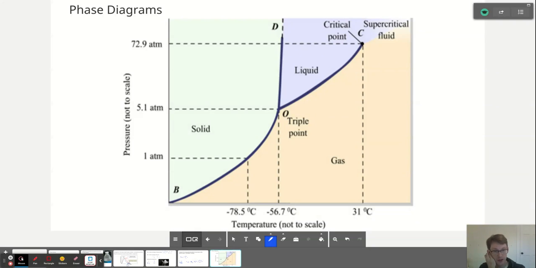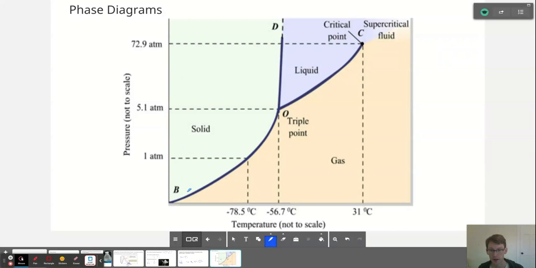So just looking at this chart here, we can see it's not just temperature, but pressure that indicates phase. Solids exist at low temperatures, of course, but even if the temperature is low, you could still have something exist in the gaseous phase if the pressure is low.